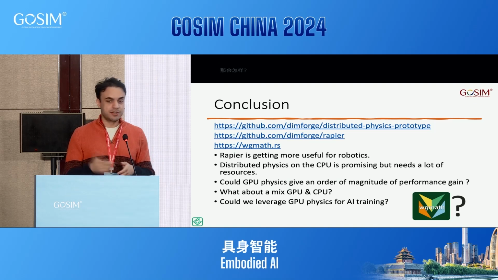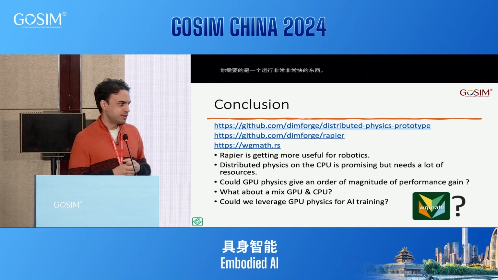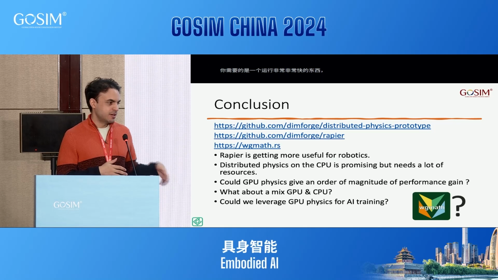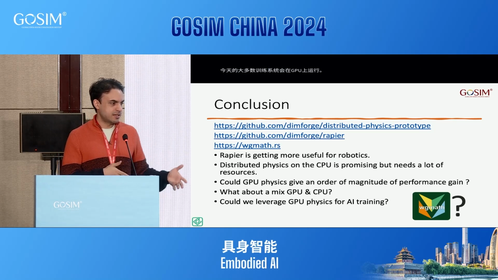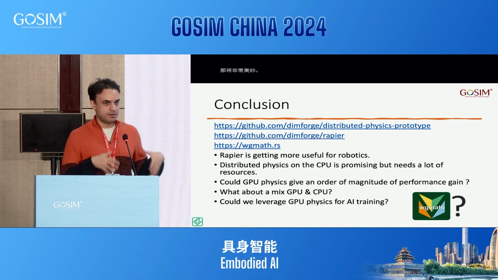And also, today most training systems would run on the GPU, so it would be very nice if we could train our robots and the training data system would also run on the GPU so that everything remains extremely efficient and without any intercommunication with the CPU.